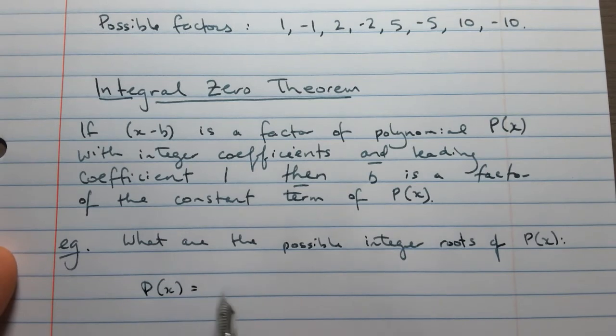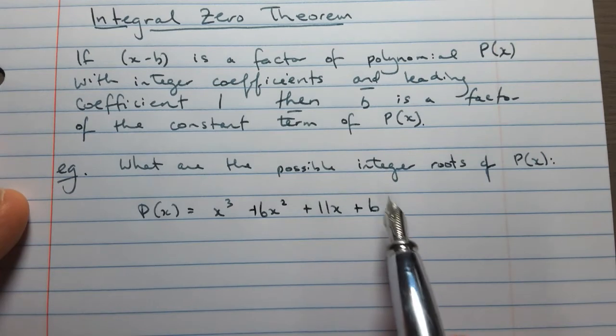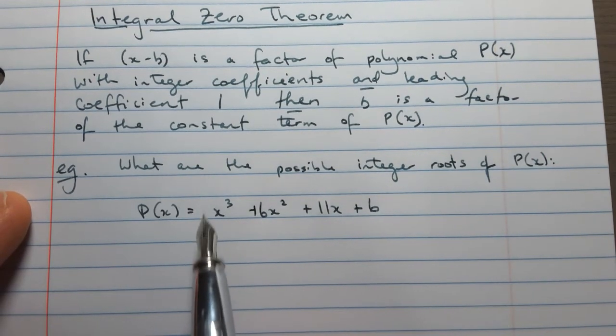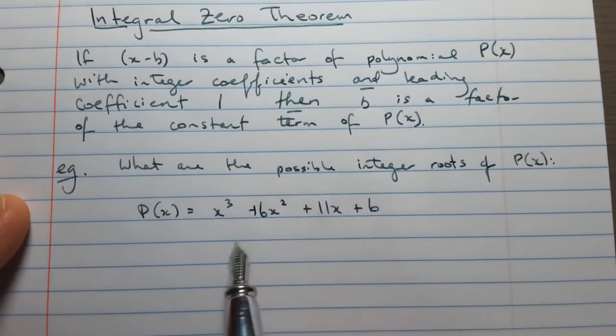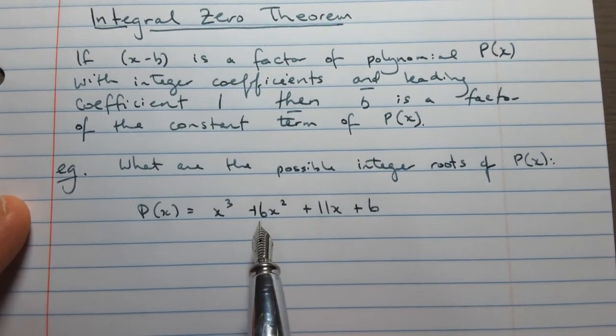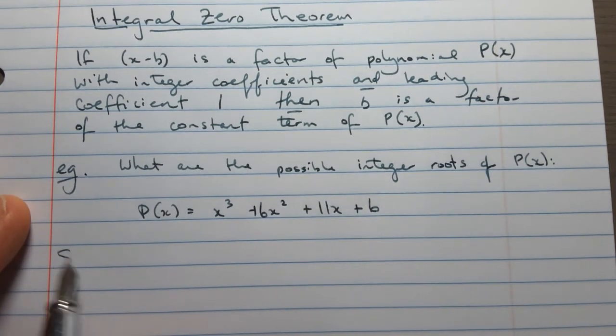P of x equals x cubed plus 6x squared plus 11x plus 6. And I want to point out, none of this stuff at the beginning here matters. What matters is the 6 and the fact that we have a 1x cubed, a leading coefficient of 1. And everything's an integer, but other than that, this could be like a 74 and this could be negative 100. It doesn't matter. The 6 at the end is the thing that really matters.